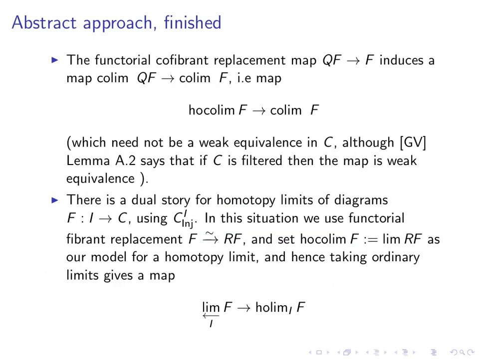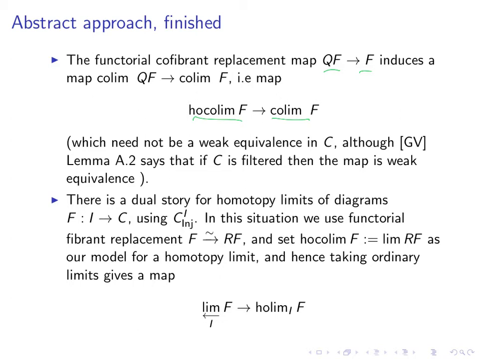Okay, and then this functorial replacement map for cofibrant replacement goes from QF to F, and so when you take colimits, you get a map from the homotopy colimit to the ordinary colimit of the diagram F. This need not be a weak equivalence, although it is a weak equivalence if the index category is filtered.